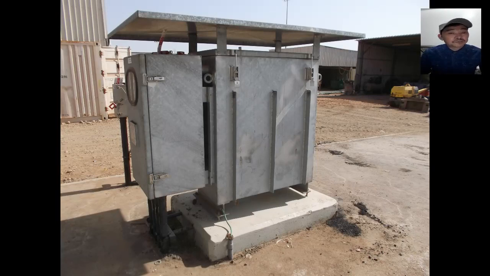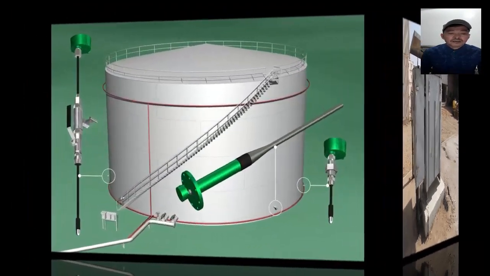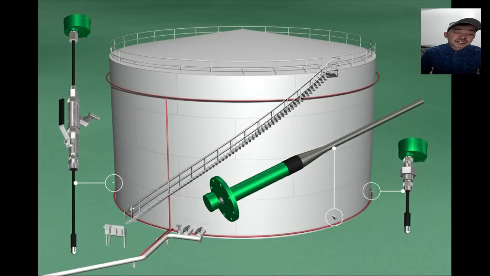So this is very important for electrical. We need to take note that the transformer rectifiers shall be at least 5 meters from the tank, otherwise it must be approved. The location of the corrosion probe shall be verified at the time of installation.